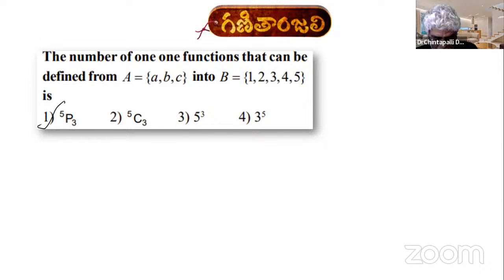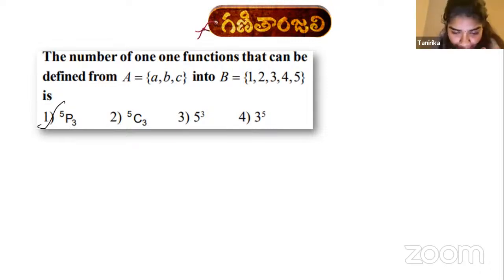On the roof, what are the points on the roof? The starting of the roof is 4 comma 12.